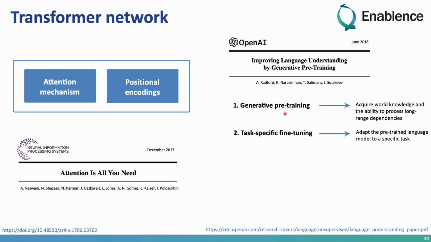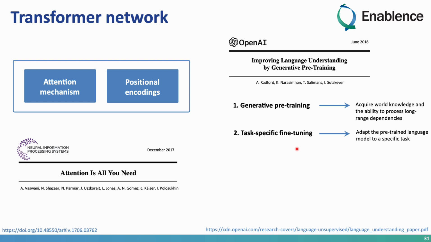Through this learning, the model acquires significant word knowledge and the ability to process long-range dependencies. Then, in the second supervised fine-tuning stage, supervised learning is used to adapt the parameters of the pre-trained model and transfer the learned abilities to specific target tasks, such as question answering or text classification. In essence, this fine-tuning stage leverages the general language understanding abilities of the pre-trained model while tailoring them to the nuances and requirements of the target task.